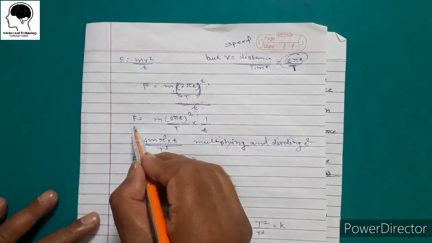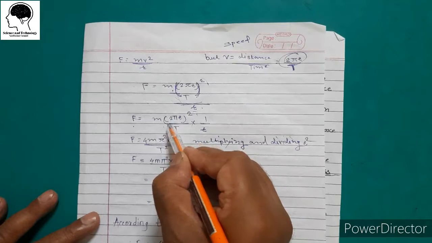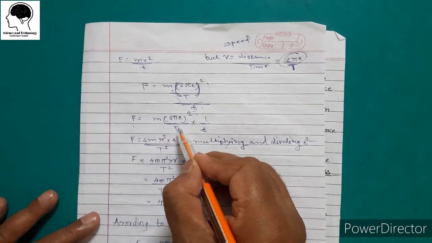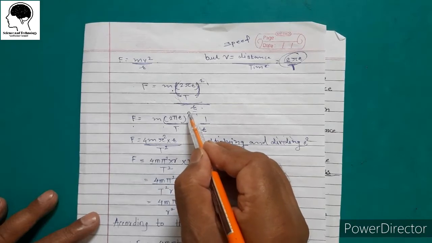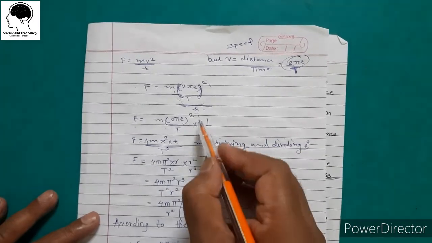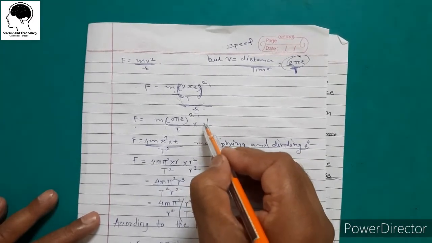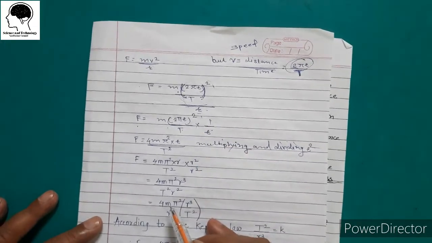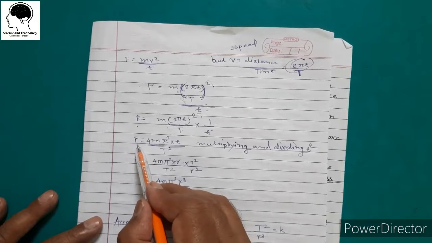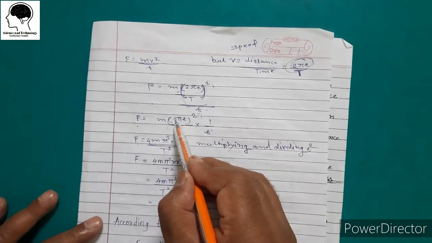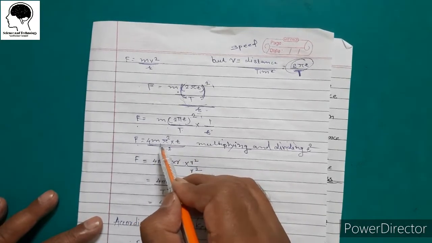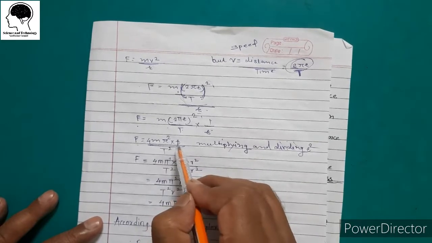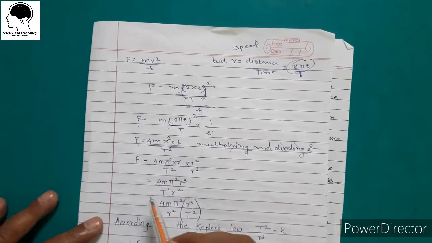Hence F is equal to m into (2 pi r upon T) whole square, multiplied by 1 upon r. Then F is equal to 4 m pi square r upon T square.